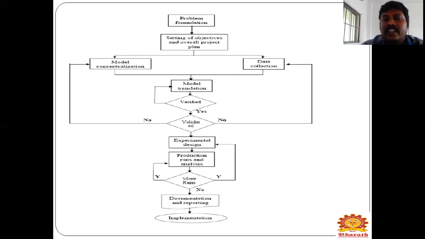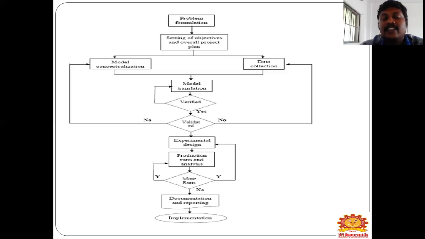If the verification is okay, you will go for validation. If the validation is not up to your expectation, you will go again for model translation, adjust some data, and go again for verification and then validation.